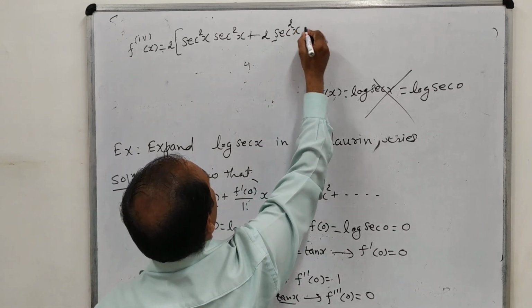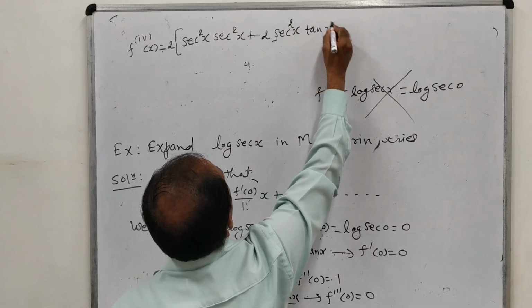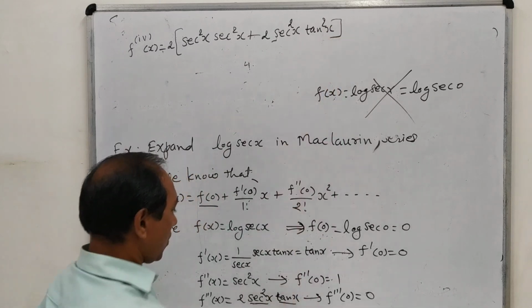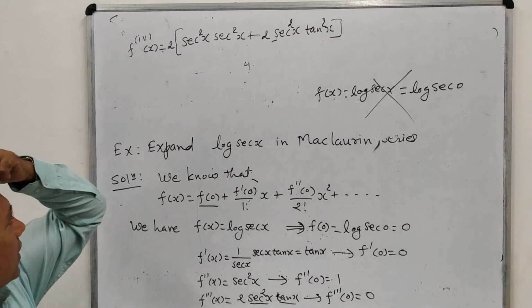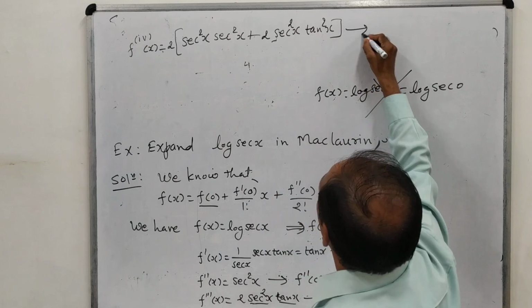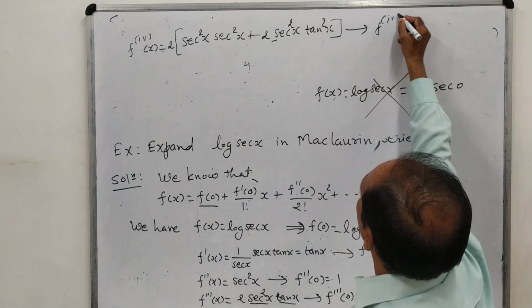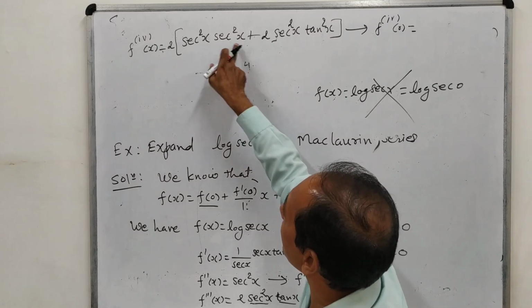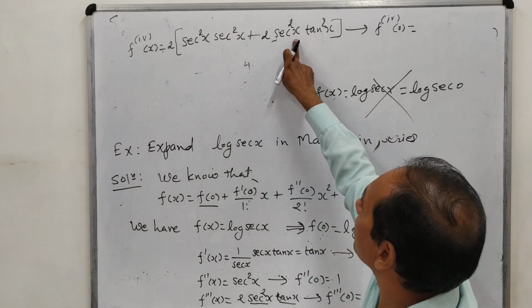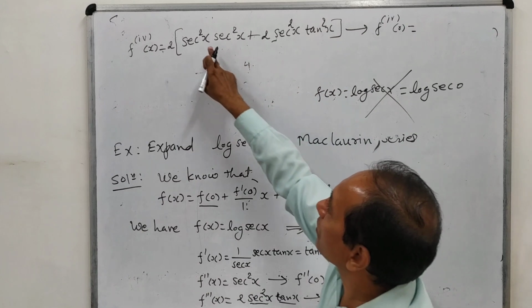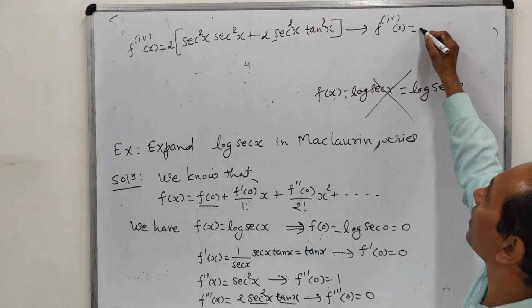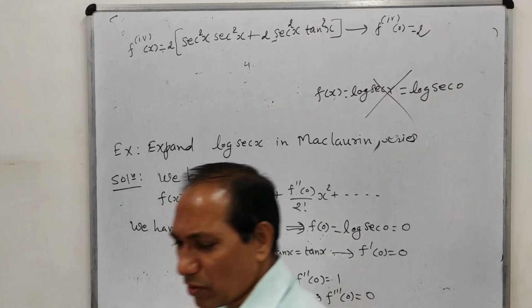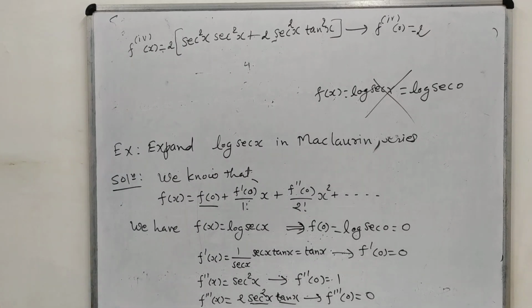So this will become sec square x into tan x, but one more tan x is there, so it will become tan square x. So f raised to 4 at x equal to 0: sec 0 is 1, so this is 1, but tan 0 is 0, so this is 1 into 2, its value is 2. So these two terms are sufficient now.